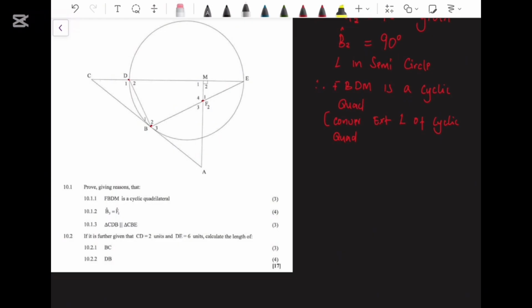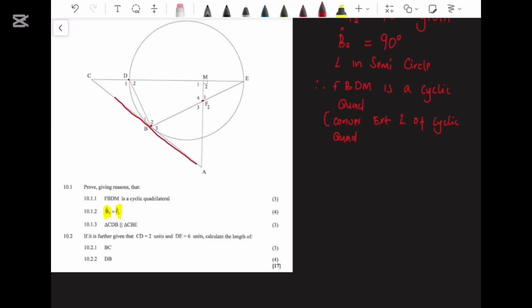Question number 2. Prove that B3 is equal to F1. If I'm proving angles, I will check every angle that is equal to B3. I will also check every angle that is equal to F1. Now, let's check B3. Remember, we are told from the statement, this line is a tangent.